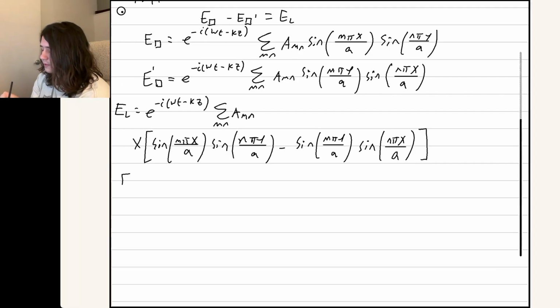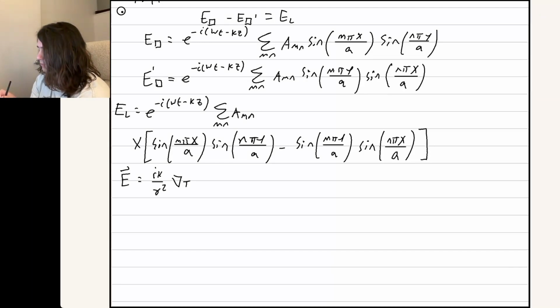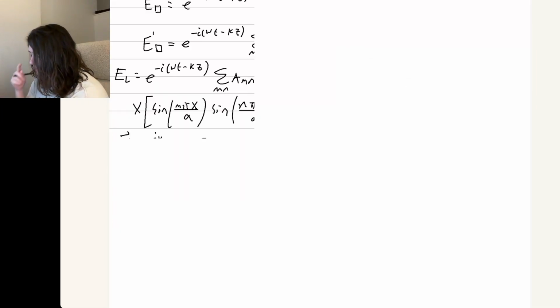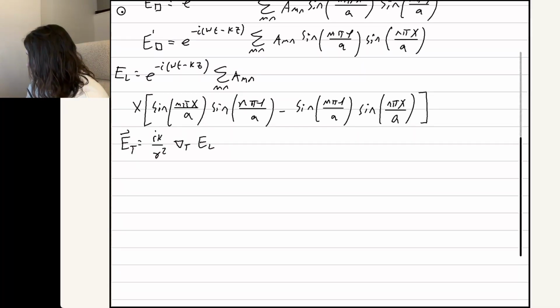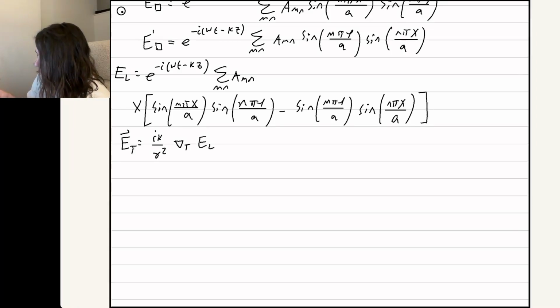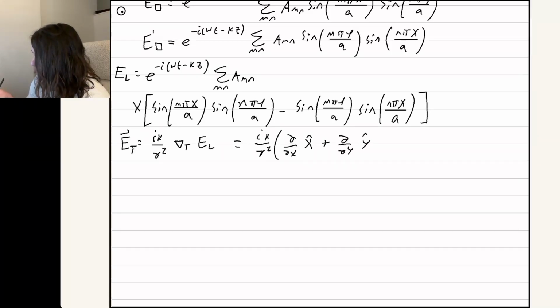The transverse electric field is always given by ik over gamma squared times the transverse gradient of the longitudinal electric field. So we're going to have to compute a gradient then. I'll write out that the transverse gradient is just given by the partial derivative with respect to x times the x hat direction plus partial derivative with respect to y of the y hat direction.